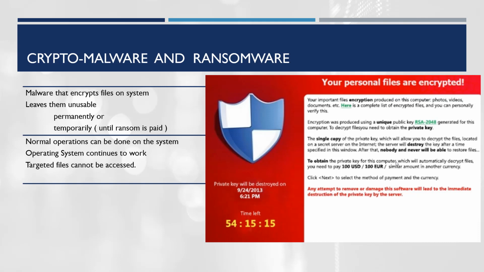Crypto malware essentially takes your critical files, could be your pictures, videos, intellectual property, patents, and encrypts them, then demands a ransom in exchange for the decryption key needed to restore the files.